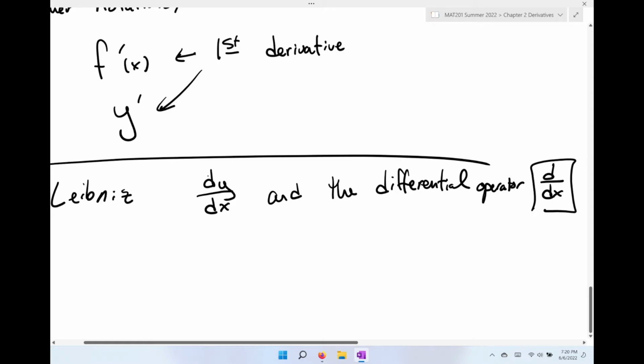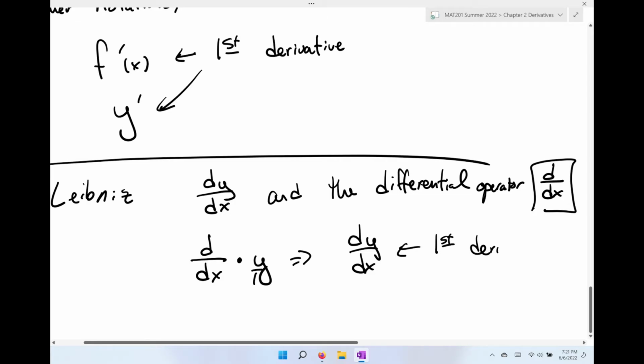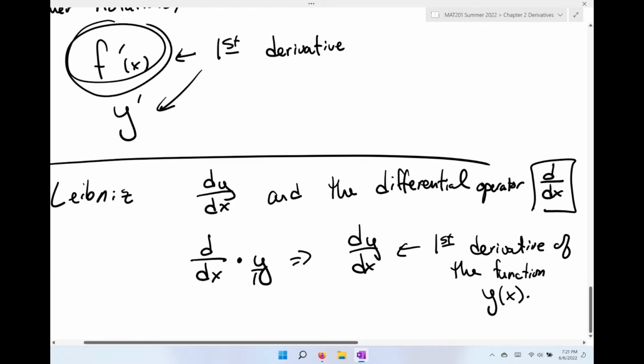So dy dx could actually be written as d dx times y, which, if y is y over 1, turns out to be dy dx. But what this really means is just the first derivative of the function y of x, which is exactly what Newton is saying in the upper left-hand corner of your screen. It's just two different ways to write the same thing.